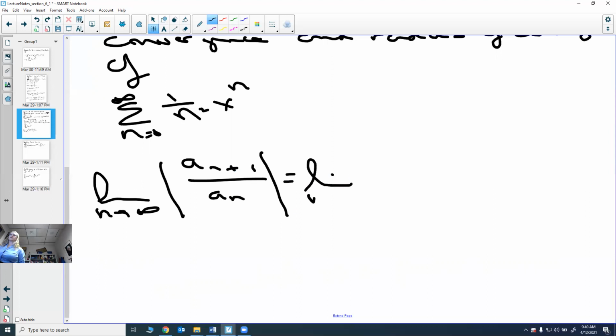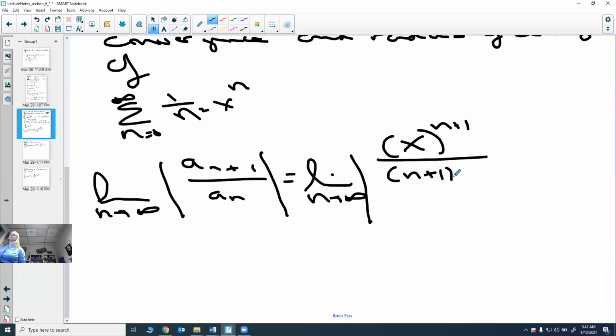So we take the limit as n goes to infinity of x to the n plus 1 over n plus 1 squared over top of x to the n over n squared. So we want to find out what this ratio is. I'm simplifying a little bit here.